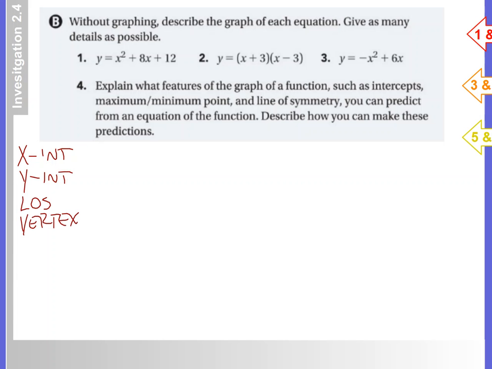And just for a quick little review, the x-intercepts can be found in the factored form expression. The y-intercept is going to be the expanded form. The line of symmetry is going to be directly in between the two x-intercepts.